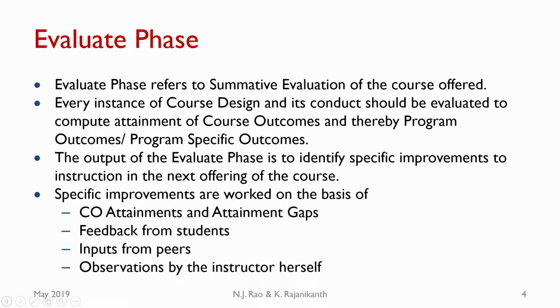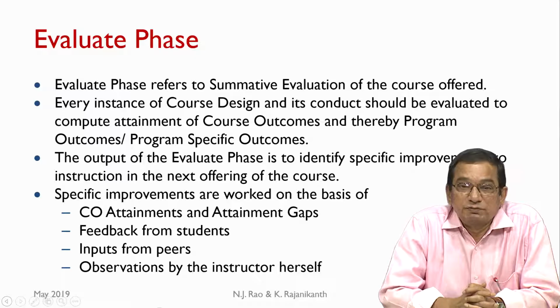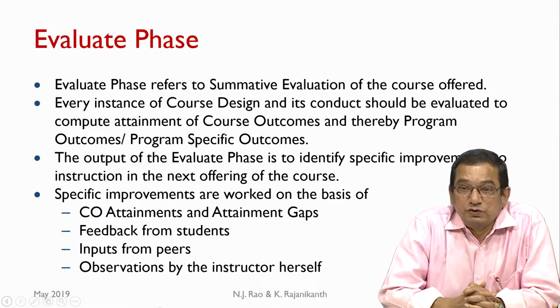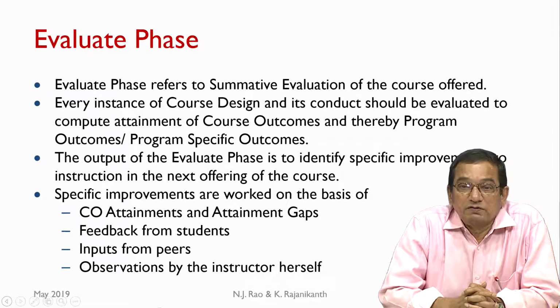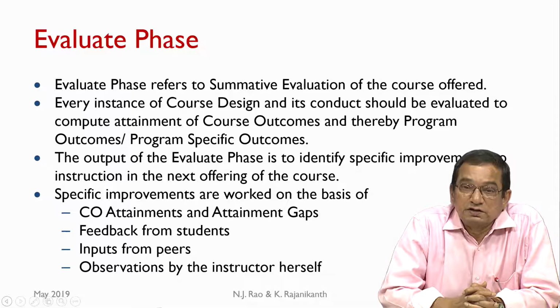Specific improvements are worked out on the basis of CO attainments and attainment gaps, if any, feedback from students, inputs from peers if it is available, observations by the instructor herself. As we noted during implementation phase, after every instructional unit, the instructor must make some notes regarding that particular instructional unit's implementation.